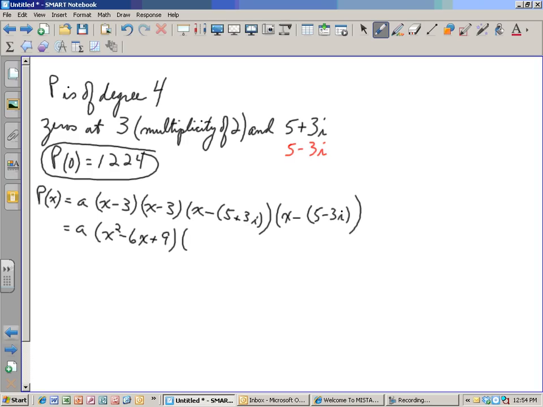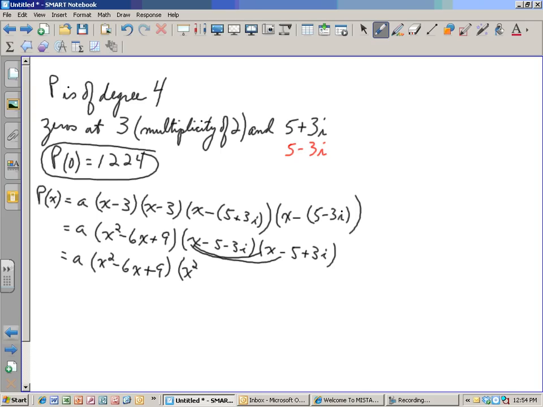For here, I'm going to remove the inside parentheses: x minus 5 minus 3i times x minus 5 plus 3i. All right, x times x, x squared.